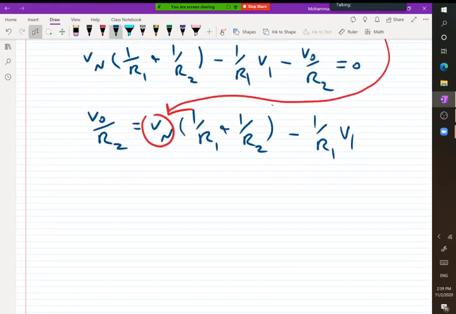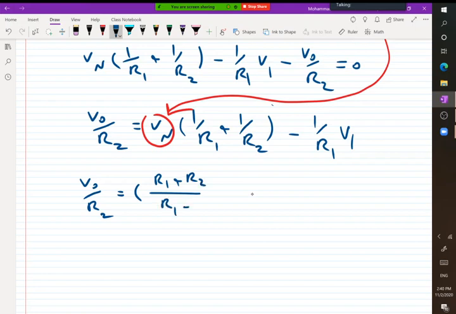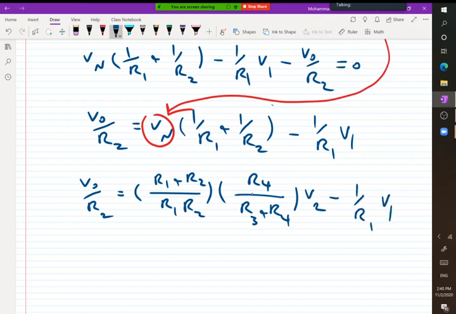So we will have VO over R2 is equal to (R1 plus R2) over R1 R2 times R4 over (R3 plus R4) times V2 minus 1 over R1 V1.